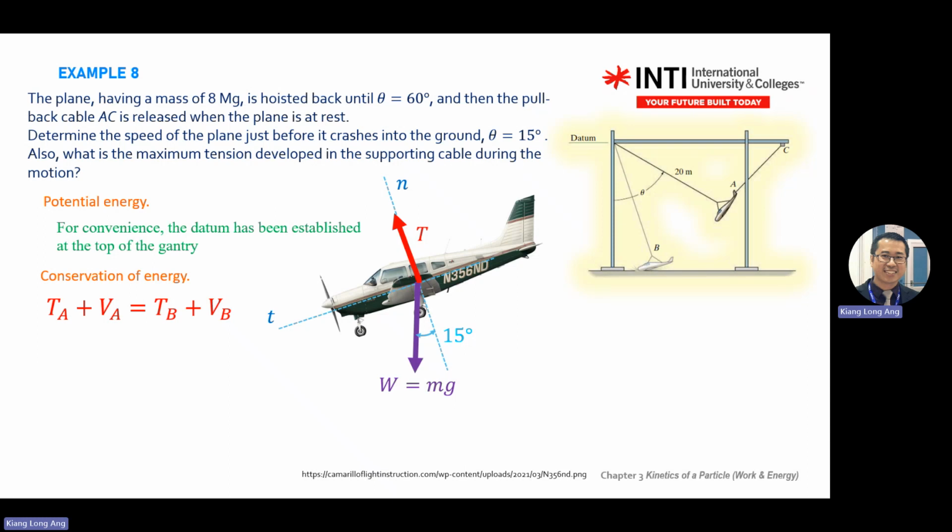Why can we cancel the non-conservative work in this case? Even if the question asks you to use the principle of work and energy, why in this case can we cancel the non-conservative work component?